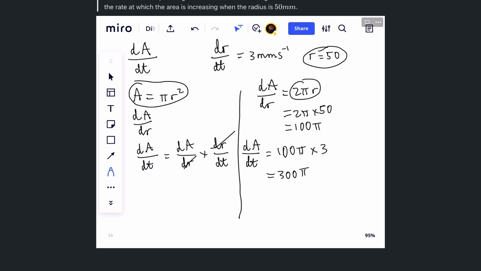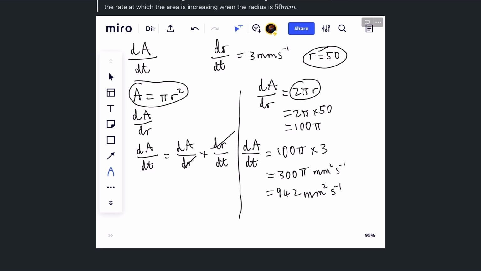So this would be 300 pi millimeters squared per second. Or if they want it in decimal form, then it's 300 times pi, which is 942.5, which to 3 significant figures would be 943 millimeters squared per second. And that's the way to do it.